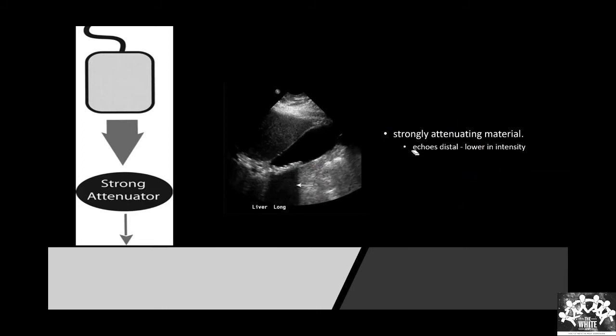Here there is no reverberation for cholesterol deposition. Lavanya, the comet tail artifact which I was telling was for the cholesterol crystals. For reverberation, it has to meet all the criteria: there should be two highly reflecting surfaces and then it has to hit. See here, there is cholesterol deposition.